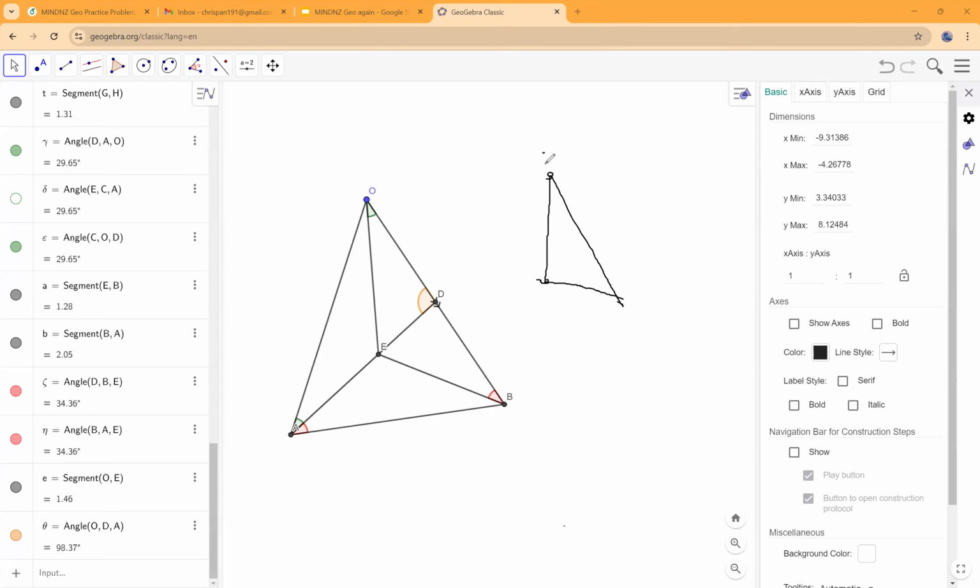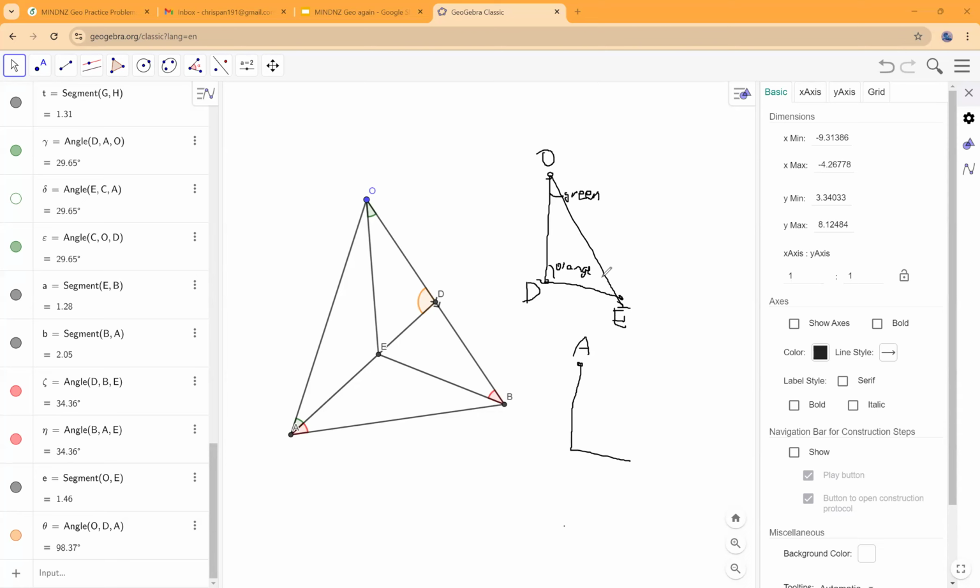So if you unravel it like this, O, D, E. This is the green angle, and this is the orange angle.